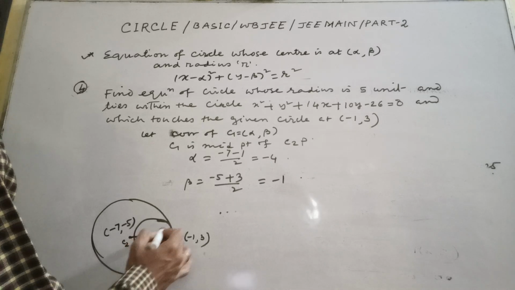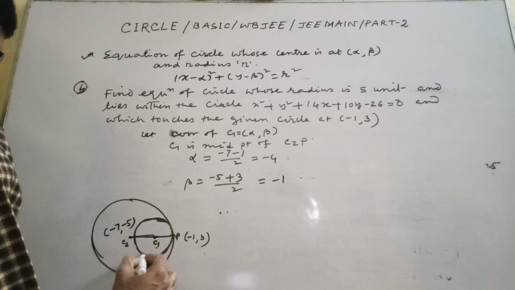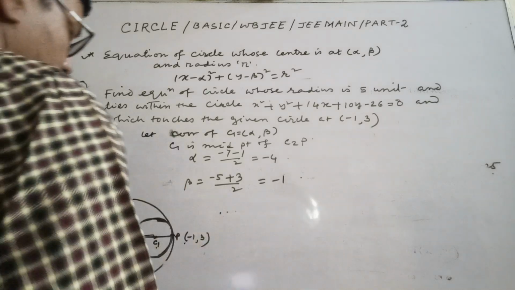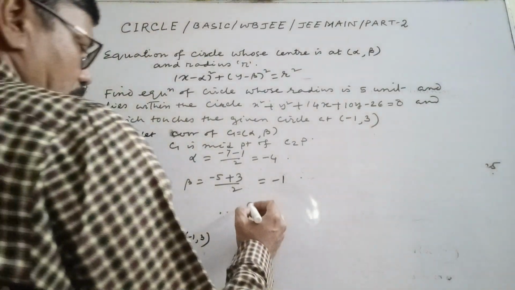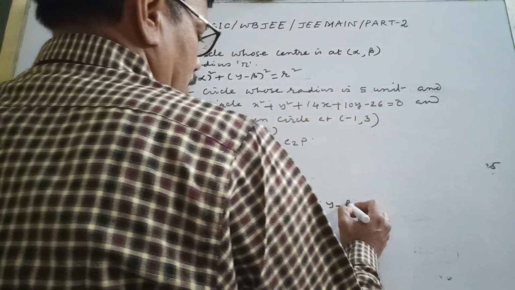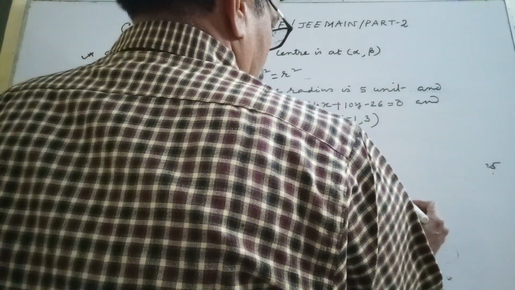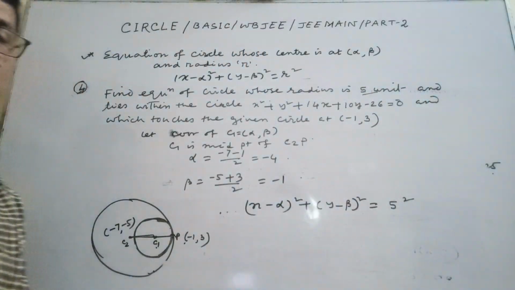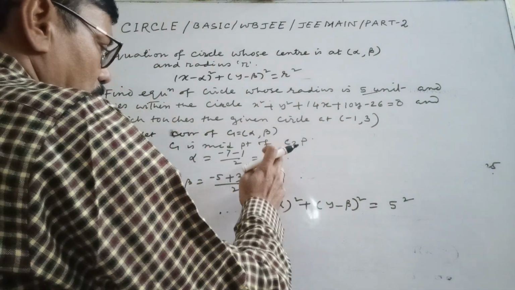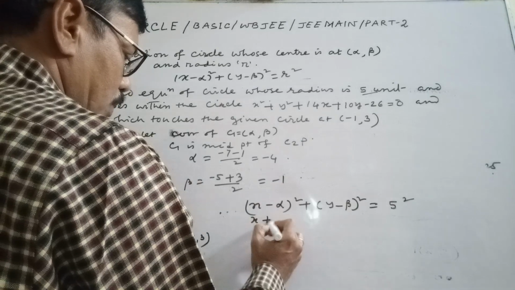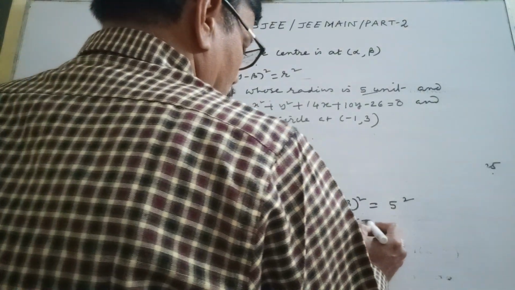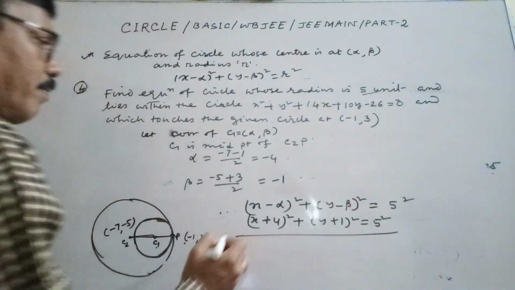So the equation of the circle which lies inside the greater circle and touches it at minus 1, 3: x minus alpha whole square plus y minus beta whole square equals 5 square. The radius is 5. Now the center is not given directly, so we are finding the center. So x plus 4 whole square plus y plus 1 whole square equals 5 square.